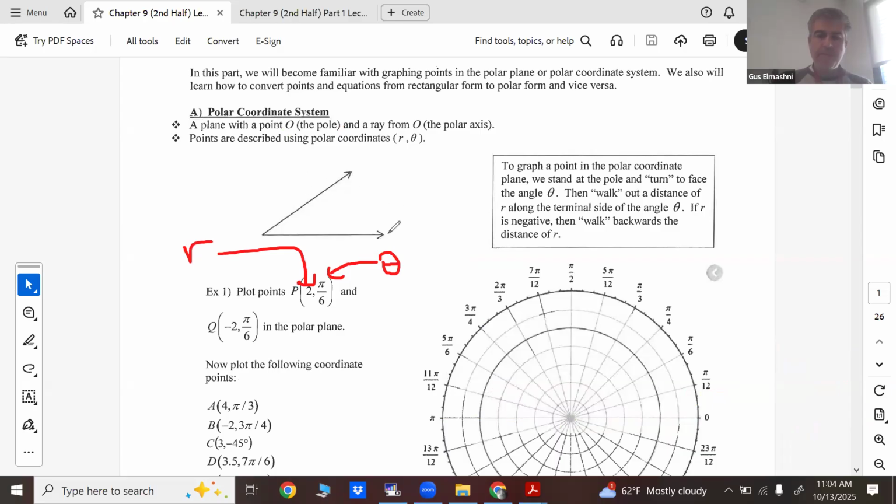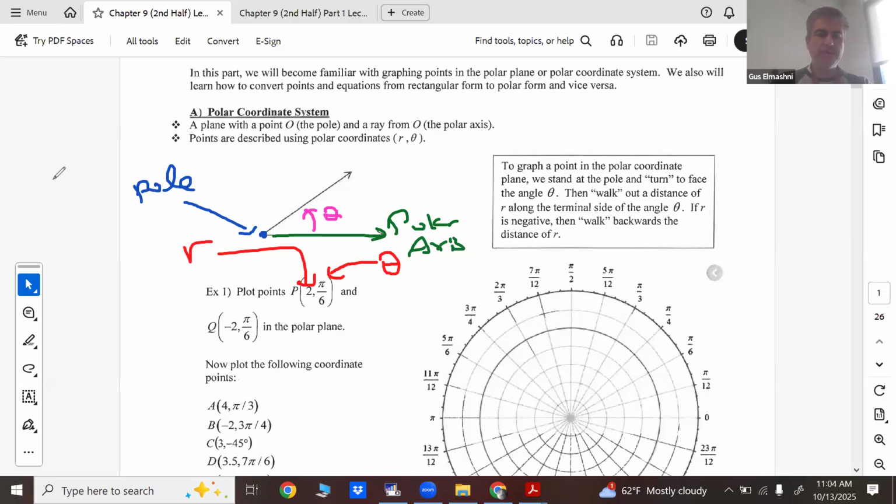And this right here is the pole. Let's switch colors. Let's go green. That's the polar axis. That's theta.